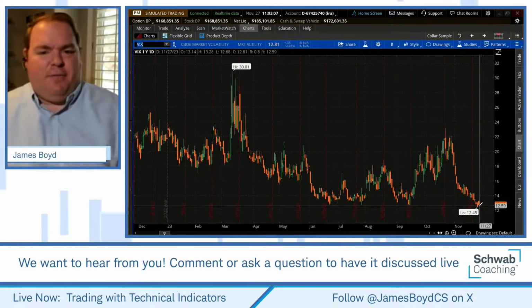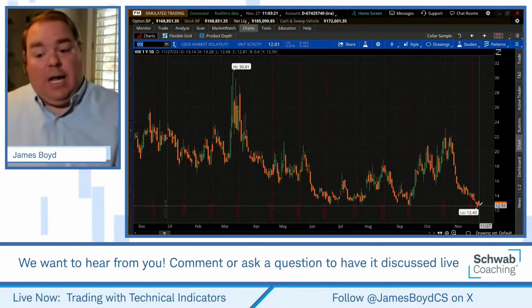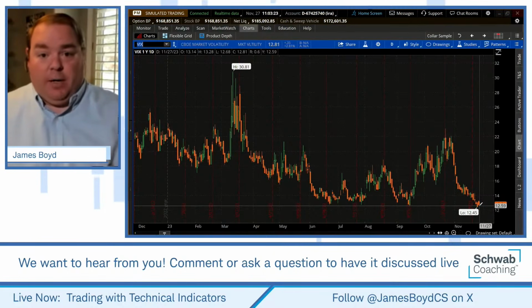Well, typically, if we see the VIX this low, it's a pretty good indication that the SPX is probably in what we call trend number 4, price above both moving averages, but could be up near an area of resistance. Now, we've got to think about that a little bit, right? Because if the prices are above both moving averages, and the prices are up near, let's say, resistance areas, what do investors tend to do?